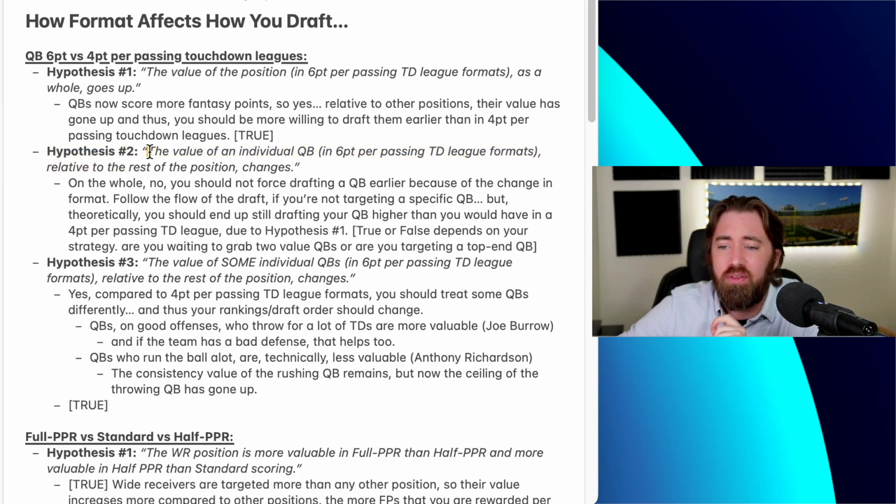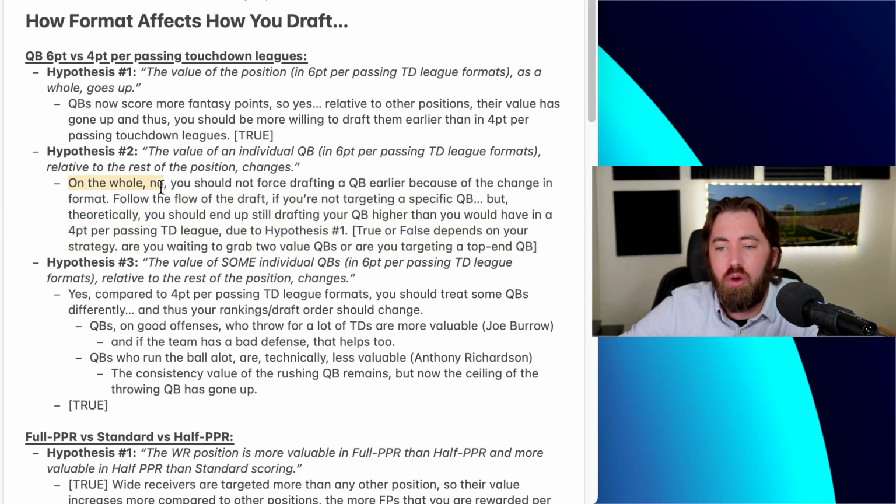Hypothesis number two, the value of an individual quarterback in 6-point per passing touchdown league formats relative to the rest of the position changes. Now, hold your horses, keyboard warriors. Give me a chance to get to hypothesis 3 before you start talking on this one.